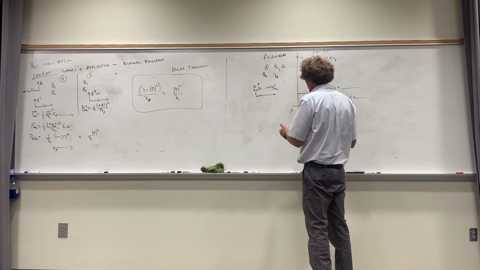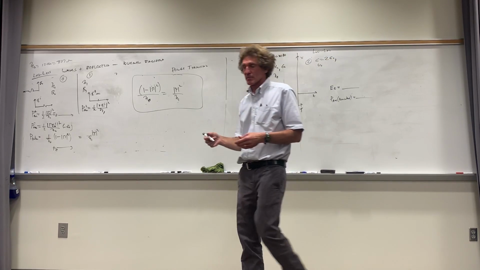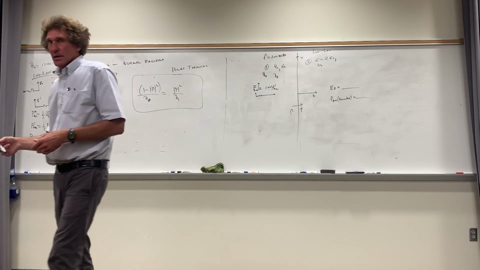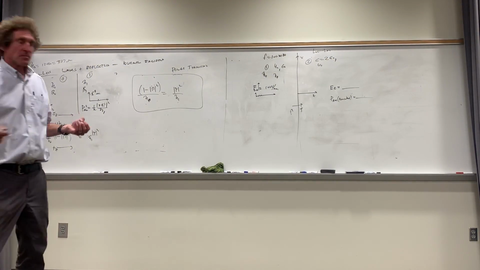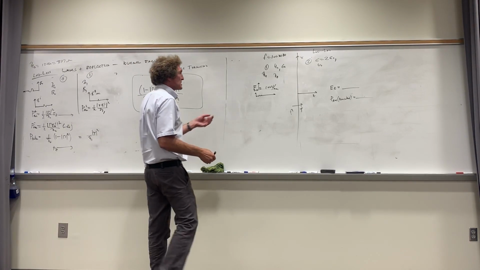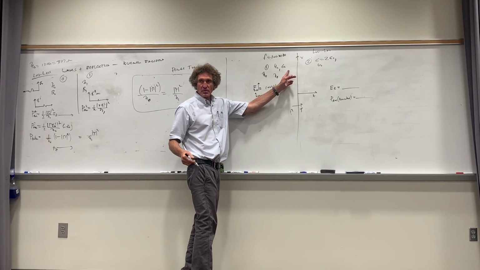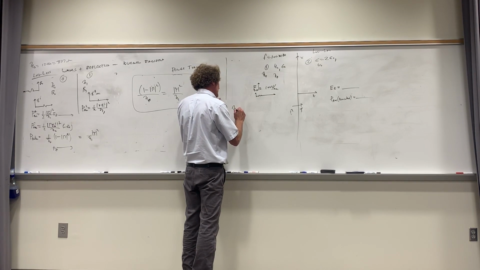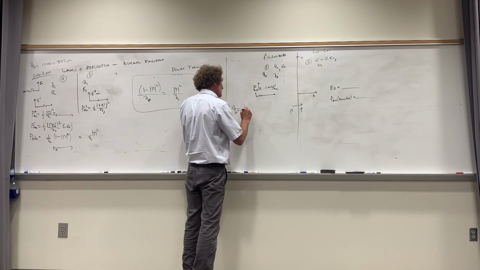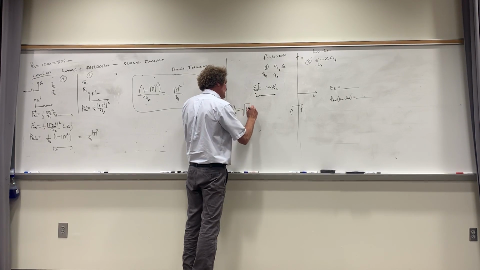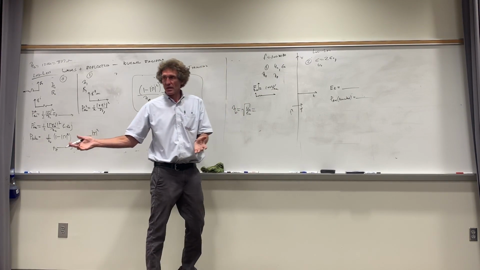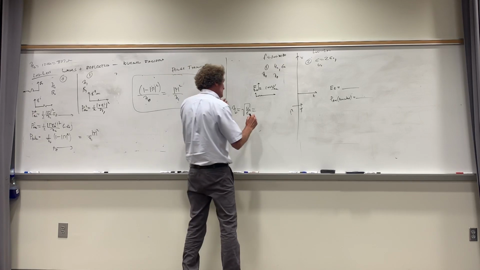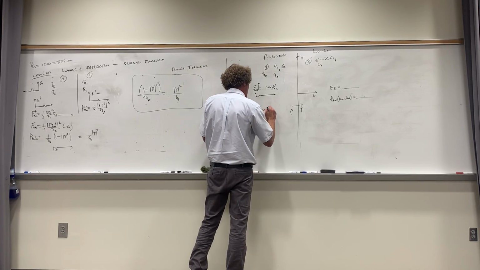How do I get those? I need the intrinsic impedances, don't I? So let's think about this. Isn't this air, epsilon naught and mu naught? The intrinsic impedance would be the square root of mu naught over epsilon naught, which is 120 pi ohms.